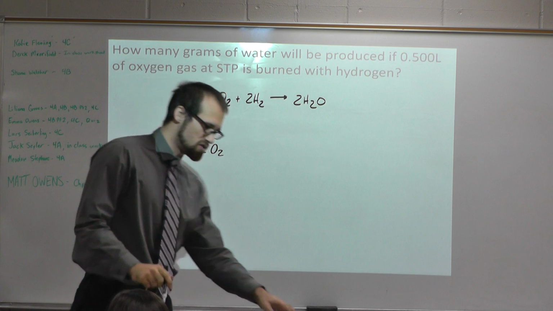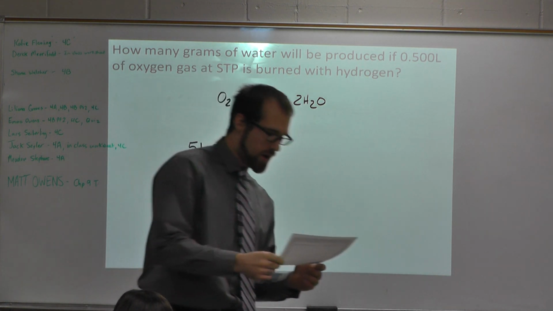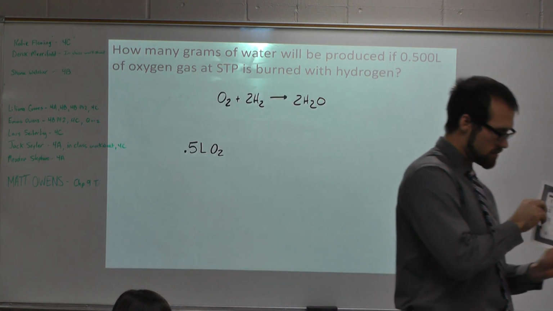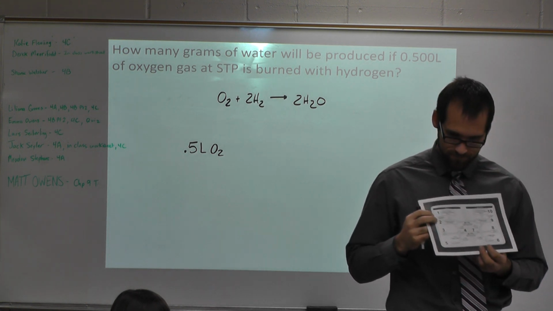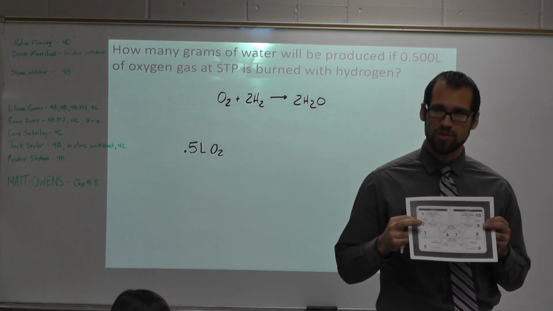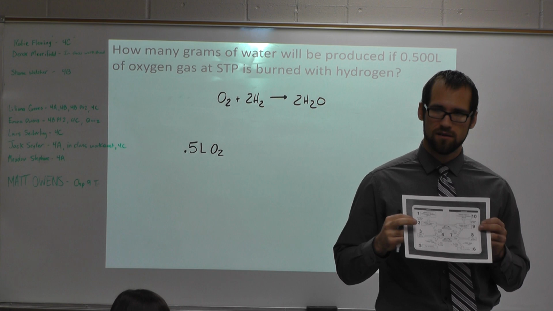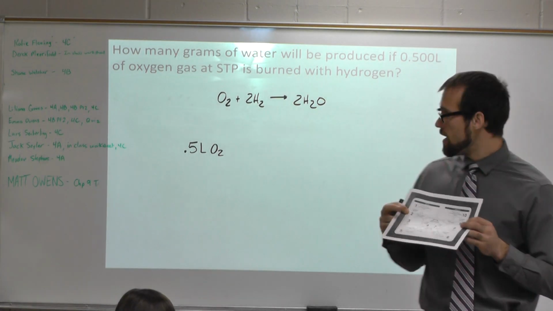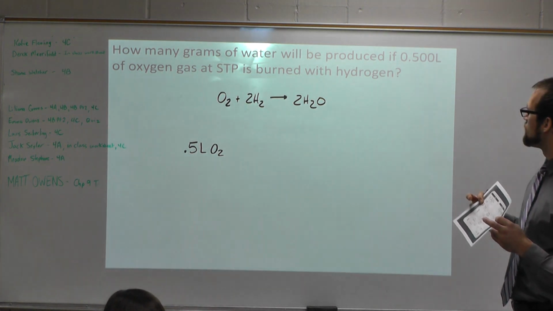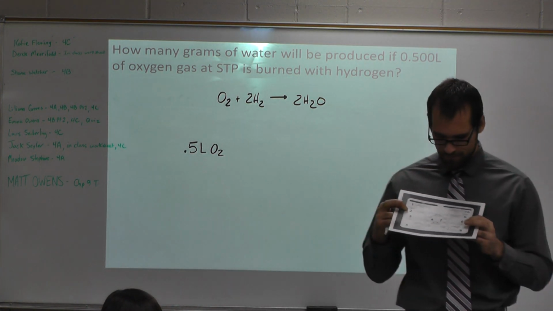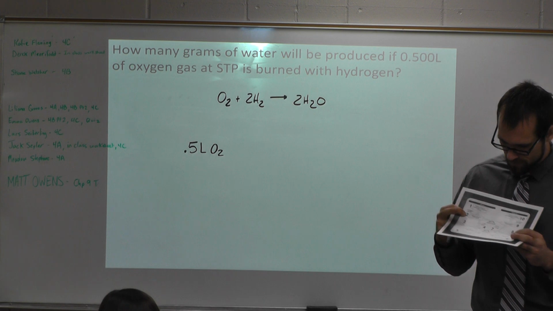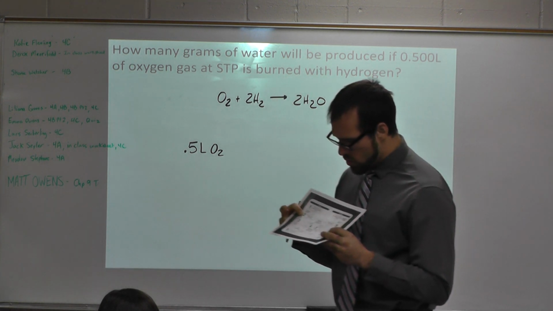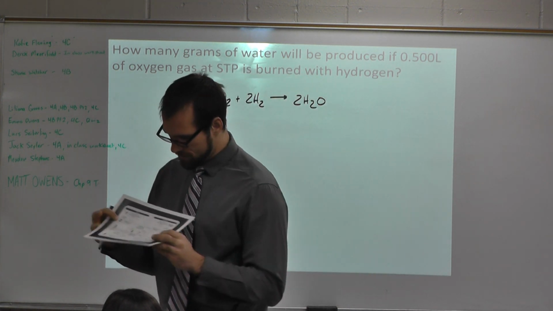On our little sheet here, we are starting where? Starting at number 2 on our sheet. Everybody see it? And then we're trying to get grams of water. That's 8. Do you want to go 2, 4, 7, 8, or 2, 9, 7, 8?